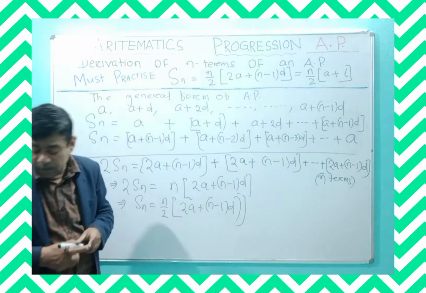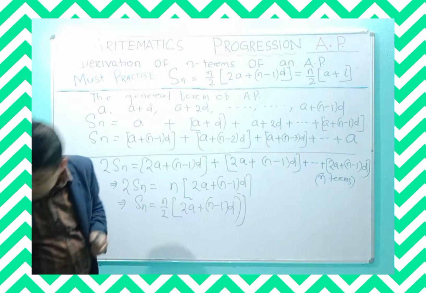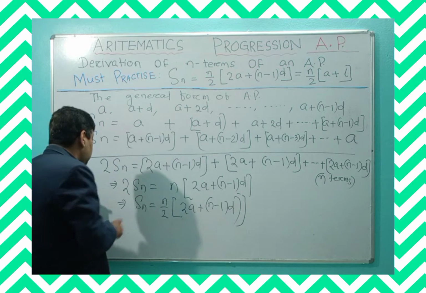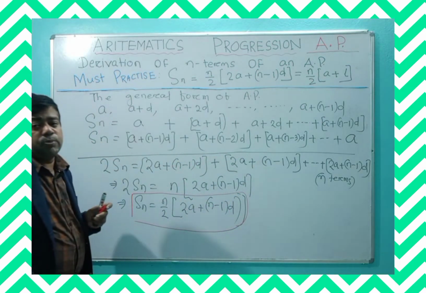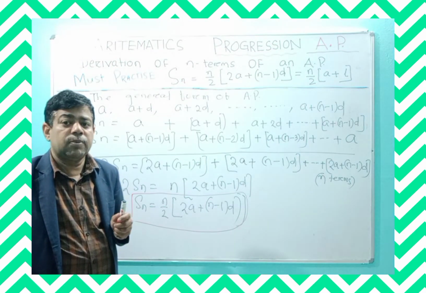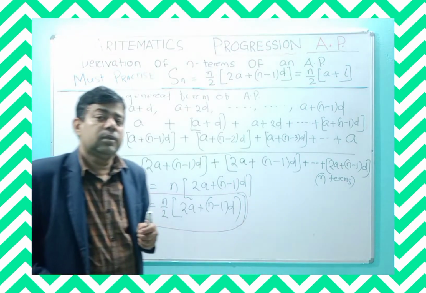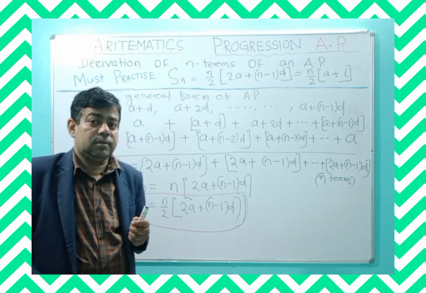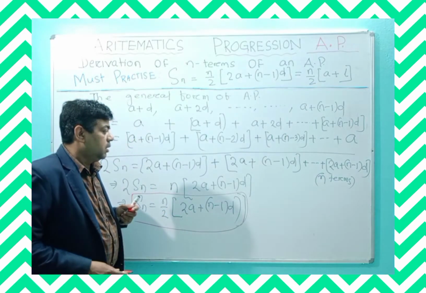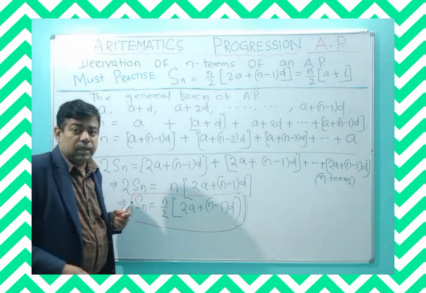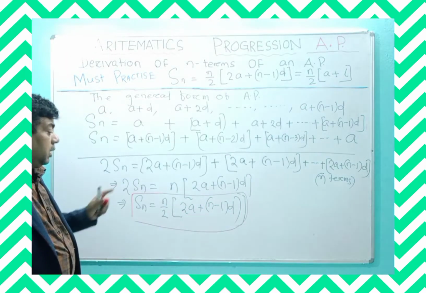This is what we were going to derive. This is the sum of n terms of the given AP. Understand? This is one of the most important formulas with the help of which we can find the sum of any number of terms of an AP. Is it clear?